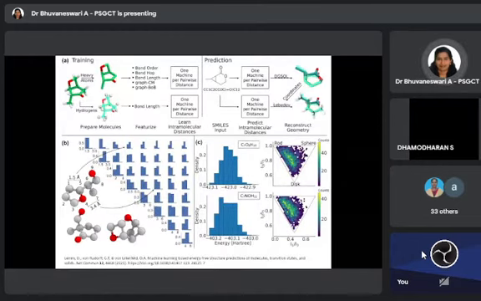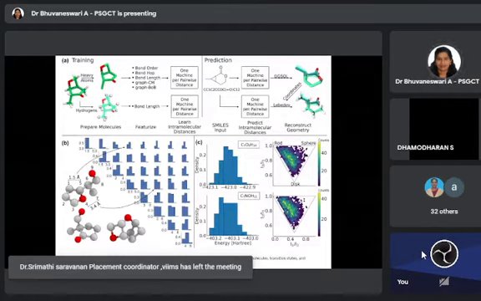This is one example, a work done by Lemon, on structure prediction of molecules, transition states, and solid state of a molecule. This is one representation of an AI application.